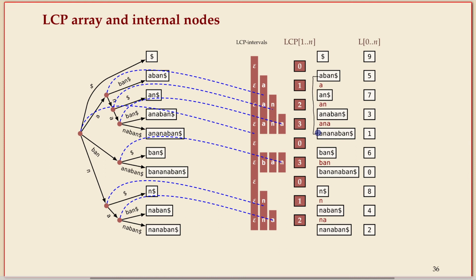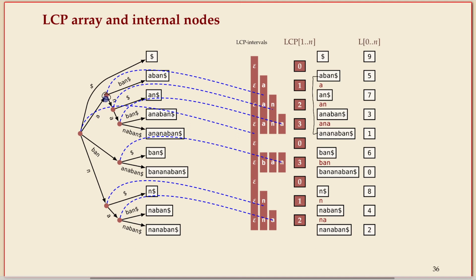These 4 suffixes all start with an A. And so what this correspondence means, there's a range where all suffixes start with an A, and that range corresponds to this internal node. That groups the same 4 suffixes together, and their shared prefix is the path from the root to that node. And that's not coincidental.